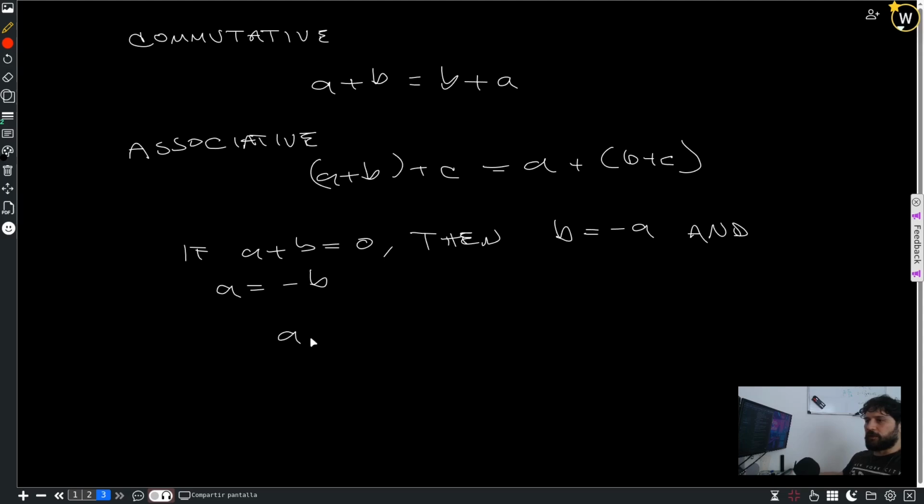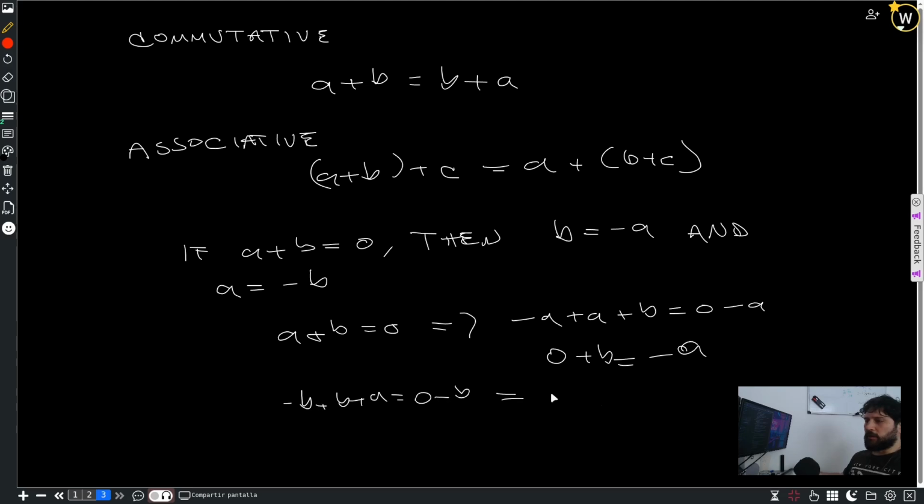If we have a plus b is 0, and we add a minus a on both sides of the equation, this is 0 plus b is minus a. And consequently, we could also do the same for b and arrive at the same conclusion.